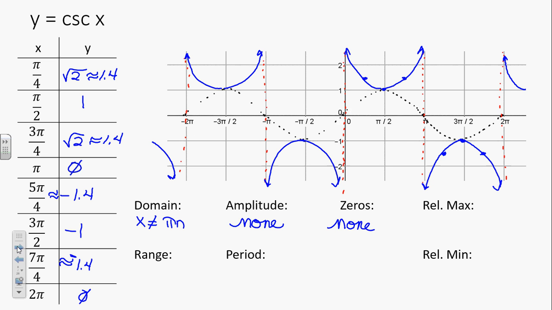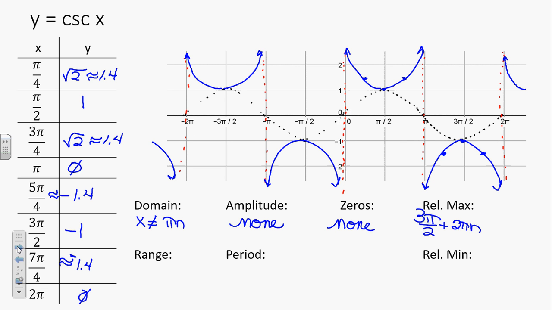And that would get us negative pi over 2. So it's every 2 pi that we get a relative max. Okay? So 3 pi over 2 plus 2 pi n. Or you could have said negative pi over 2 plus 2 pi n. Same thing.